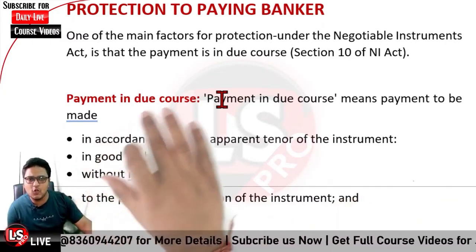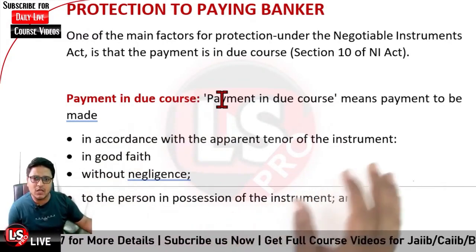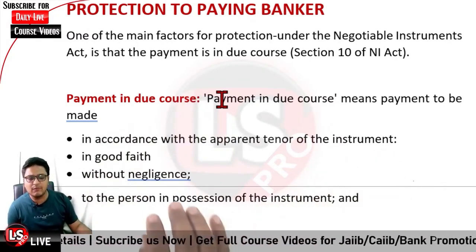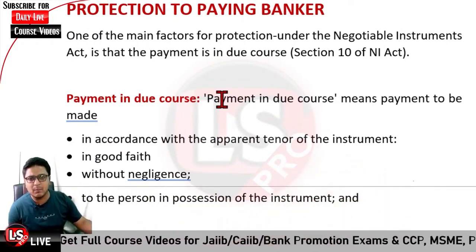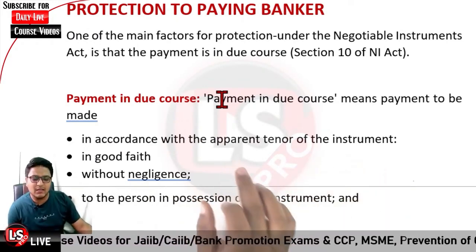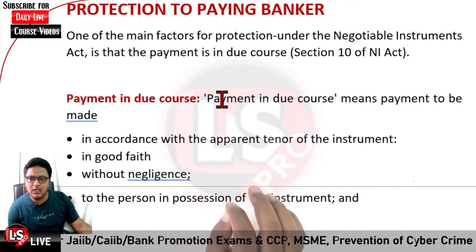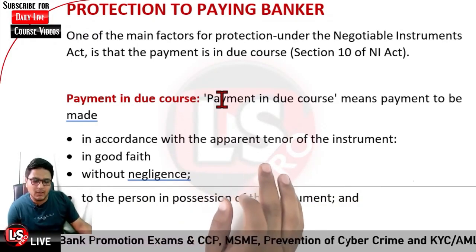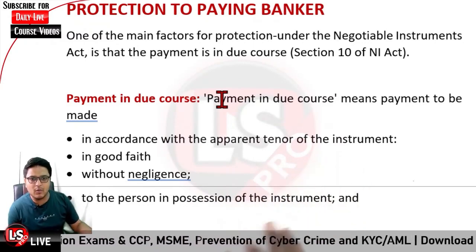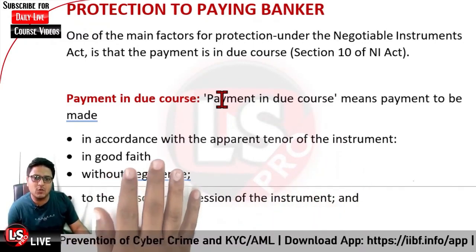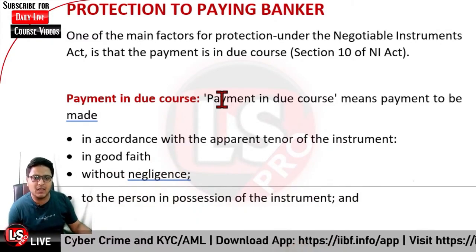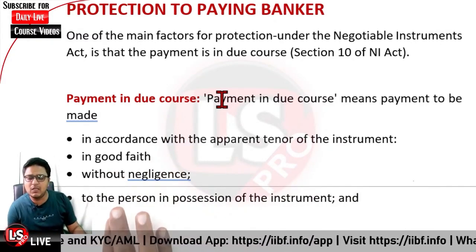If it is an account payee check, then it should not be paid across the counter. If the amount of rupees 10,000 is mentioned, then only rupees 10,000 should be paid. If it is an order check, then you need to look into the proper endorsements there, and further the check should be paid in good faith, and there should be no negligence.